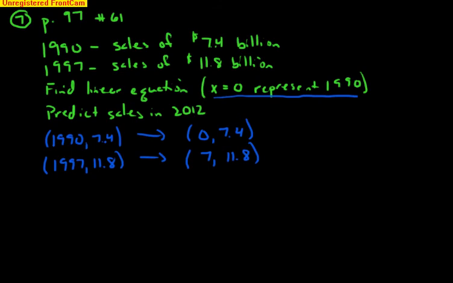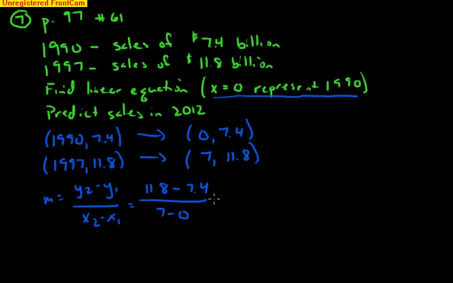Okay, so we'll do the slope equals y2 minus y1 over x2 minus x1. That is, we'll do 11.8 minus 7.4 over 7 minus 0. Okay, and with my calculator, I get that 11.8 minus 7.4 is 4.4 over, and 7 minus 0 is 7.